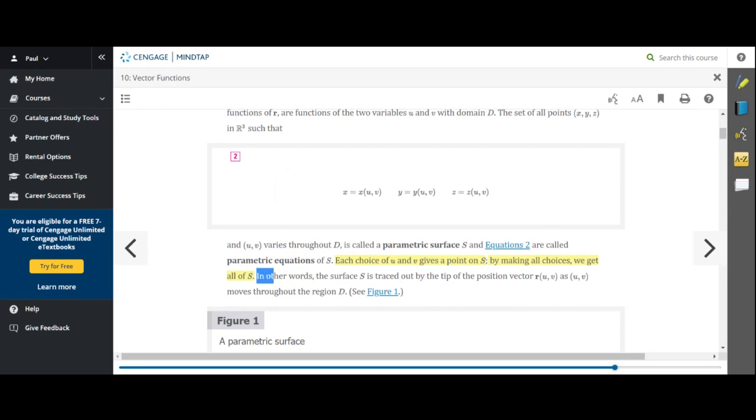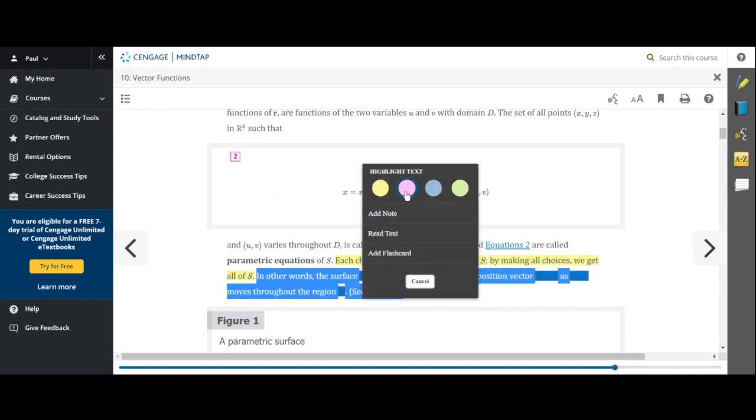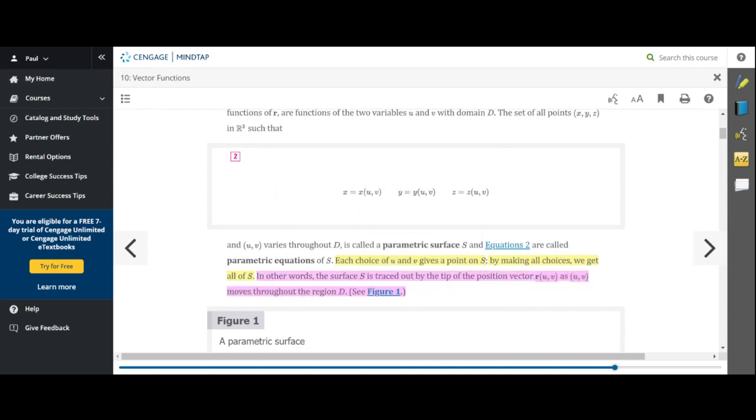In other words, this is I'll put this in pink, it's so important. The surface S is traced out by the tip of a position vector as the UV coordinate moves through the region D.